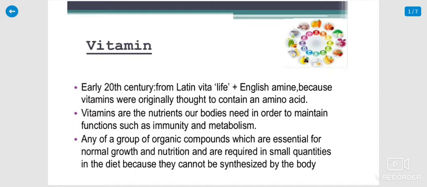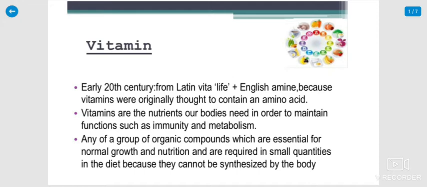Vitamins are any of the group of organic compounds which are essential for normal growth and nutrition and are required in small quantities in the diet, because they cannot be synthesized by the body, so vitamins are very essential.